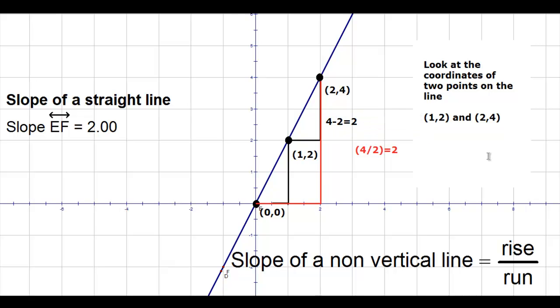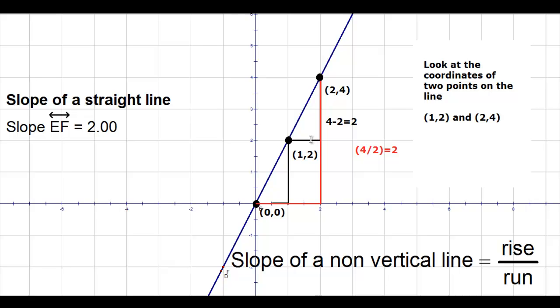So one way of obtaining the slope is to subtract the y coordinate of this point from the y coordinate of this point to get the difference as rise, and the x coordinate of this point from the x coordinate of this one to get the difference as run.